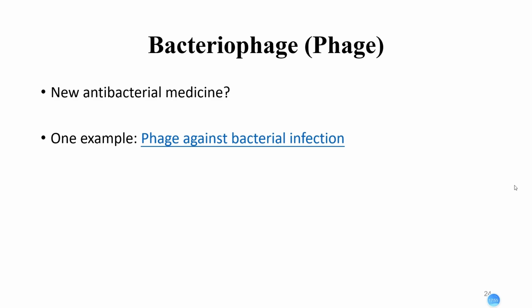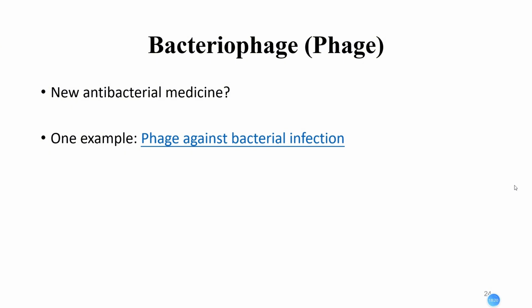If you utilize phage to kill bacteria in our body, the phages themselves are also antigens from outside, not part of your body. So your immune system will kill the phage. Your immune cells will recognize the phage and kill them. So it's not easy to carry out.